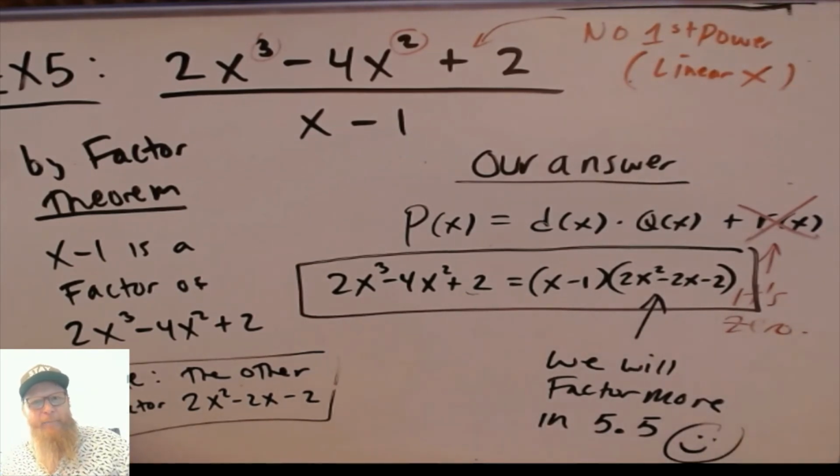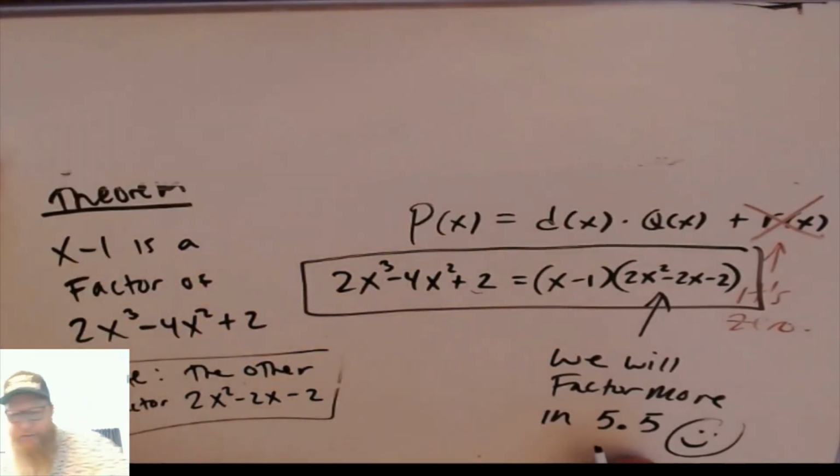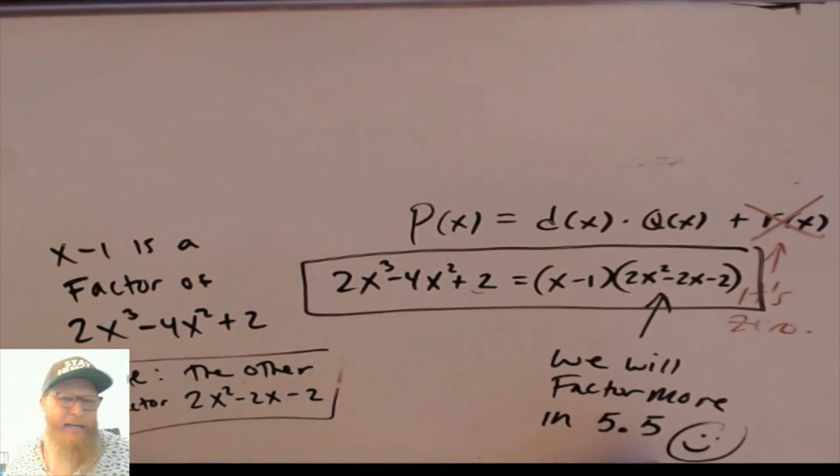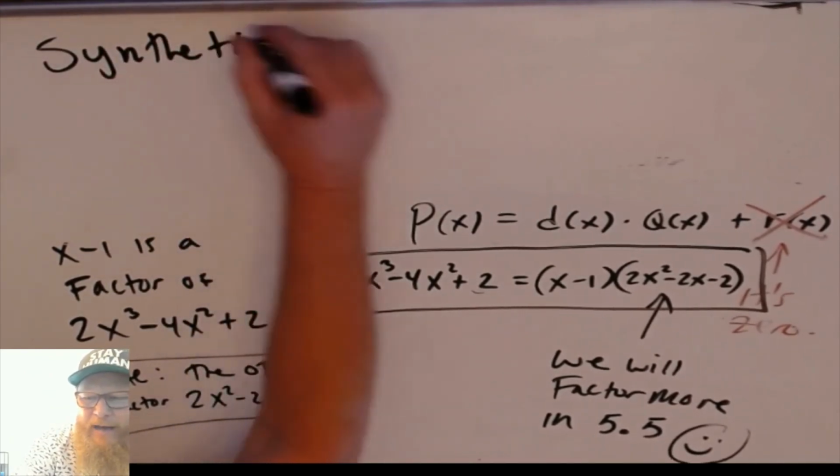Okay, and then now we're finally going to learn a new type of division. If you've been paying attention through all of these examples, you probably noticed that as long as you were very, very neat with your columns, it really didn't matter what variable you were using, right? X, Y, Z, T. I'm sure most people were using X. But you might have noticed that the variable is not important.